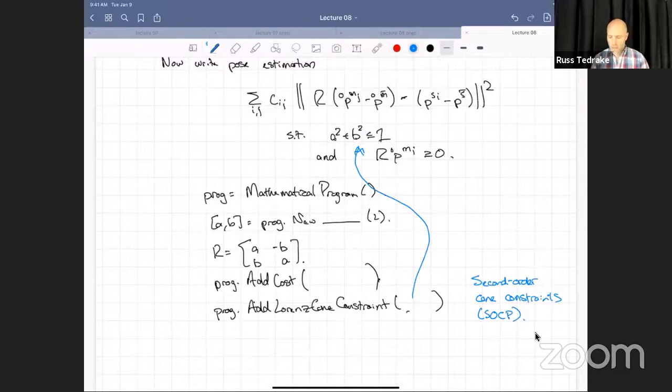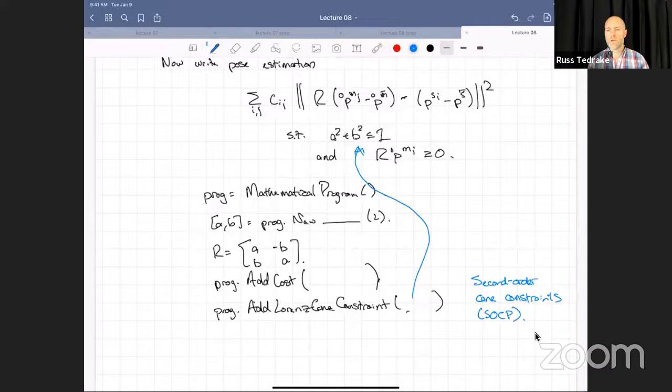Again, it stays in the class of convex optimization, so you can expect your solver to do pretty well as long as you have a solver that supports it. Now, I have a funny idea about how much optimization I should cover in these lectures, because I hope it's okay that I've chosen to occasionally drop some of the more advanced things.